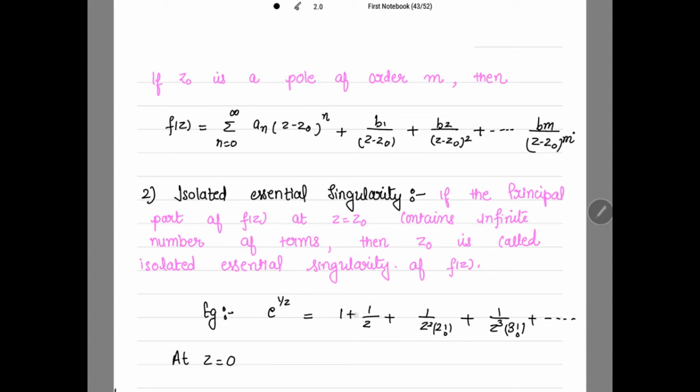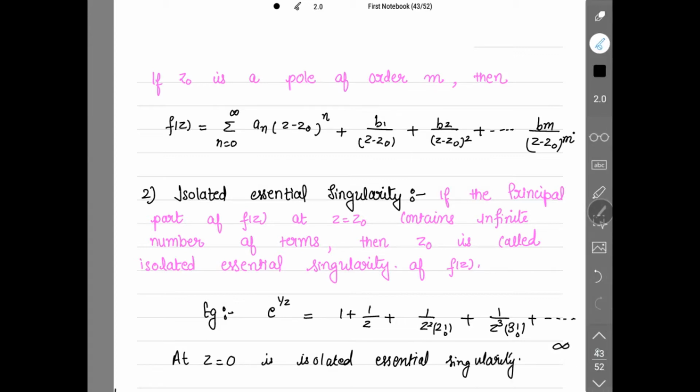How many terms do I have in the principal part? 1, 2, 3, up to infinite. So I have an infinite number of terms in the principal part. So z equal to 0 is an isolated essential singularity. Clear?